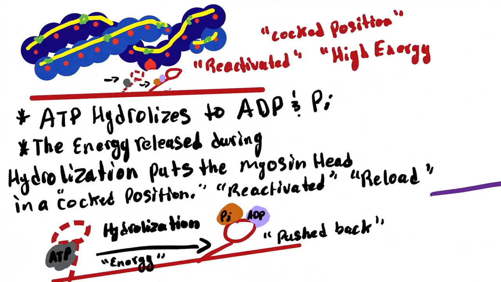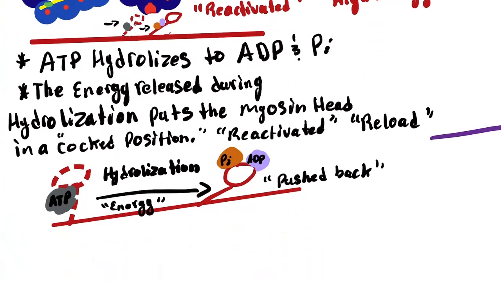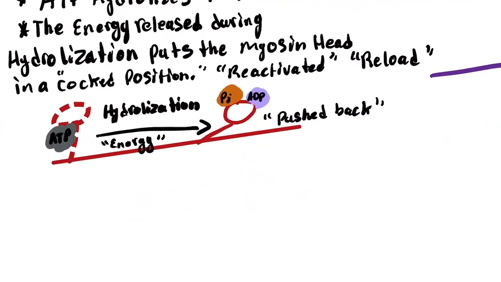And once it attaches to the ATP, again, you're gonna have the hydrolyzation of ATP to ADP and phosphate. And that energy from the hydrolyzation of ATP is going to cause the myosin head to be pushed back right here.